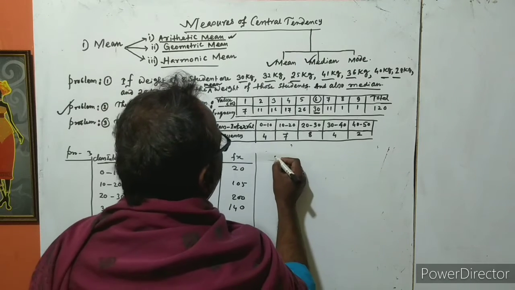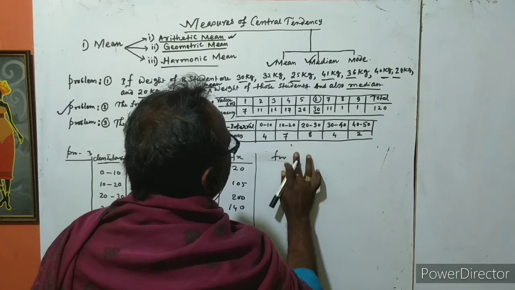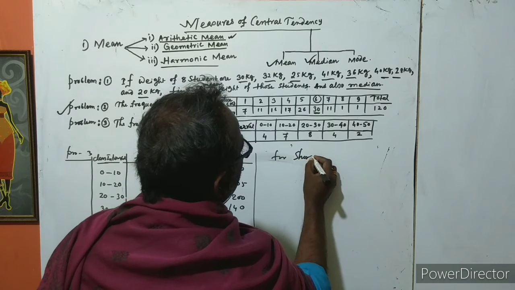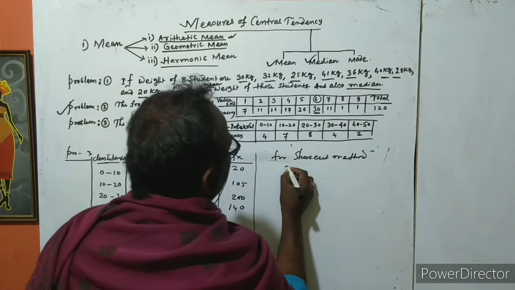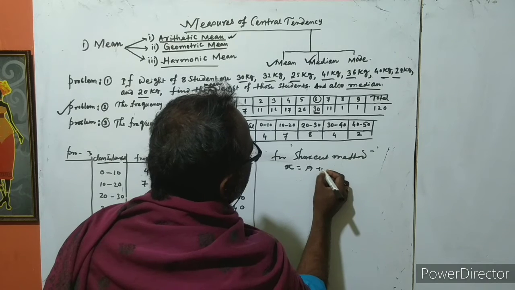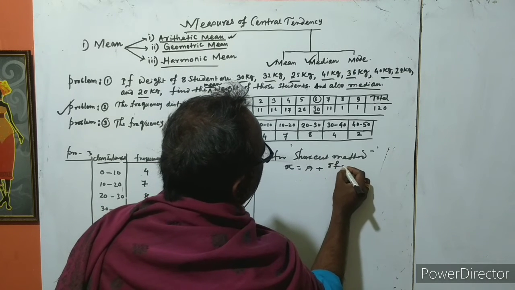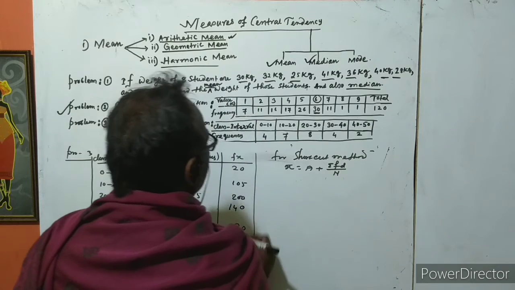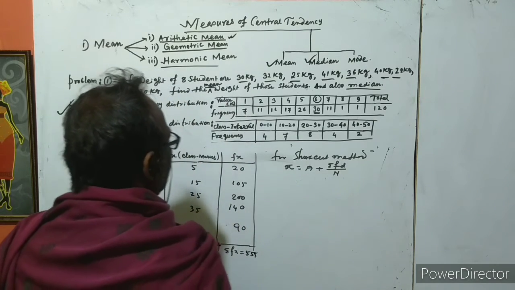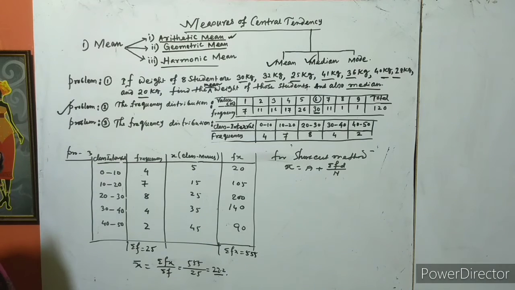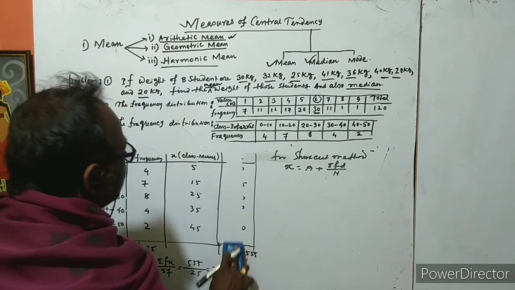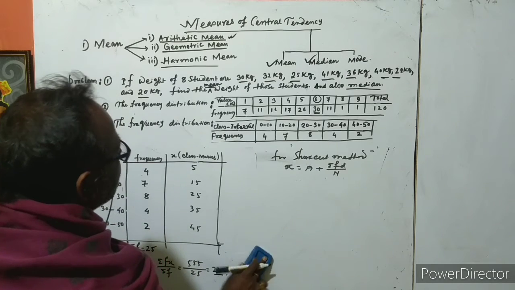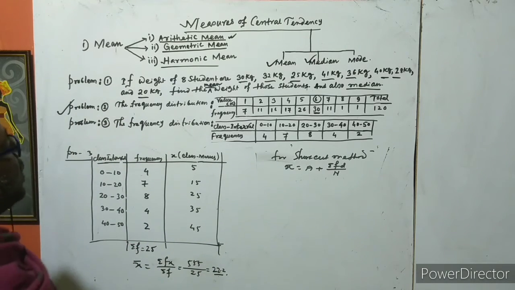this is the shortcut method for x bar equal to a plus summation fd by n here. So for that we have to find d. Do not delete this column here for the shortcut method. See, this is d here.